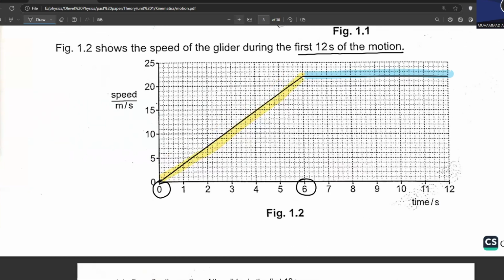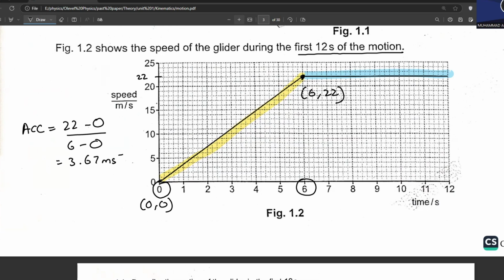This point will become (6, 22), and this is (0, 0). Acceleration equals y2 minus y1 over x2 minus x1, that is 22 minus 0 over 6 minus 0. 22 divided by 6 gives you an answer of 3.67 m/s².